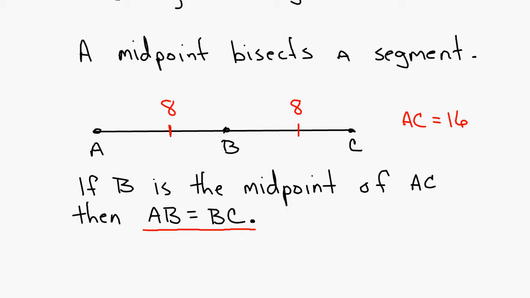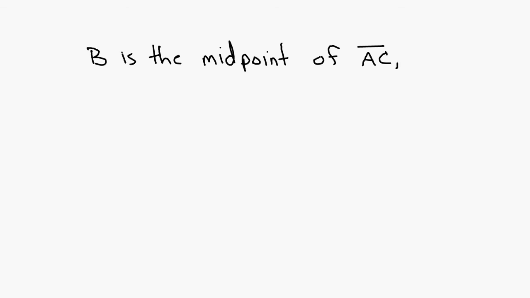So look at example 5 on page 16. Using midpoints to find lengths, it says that B is the midpoint of AC. AB is equal to 5x.